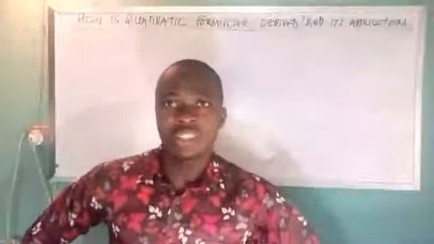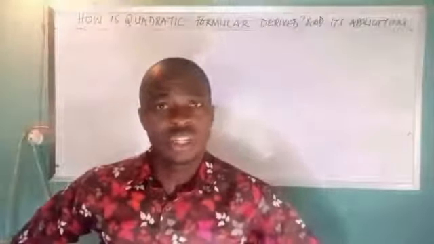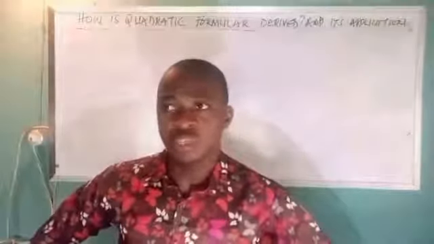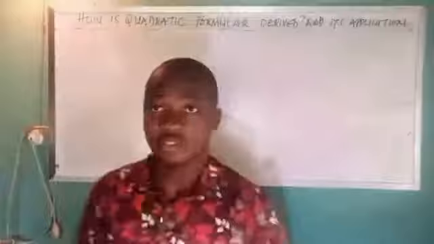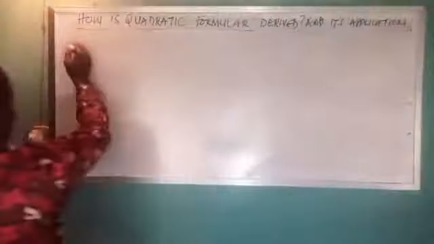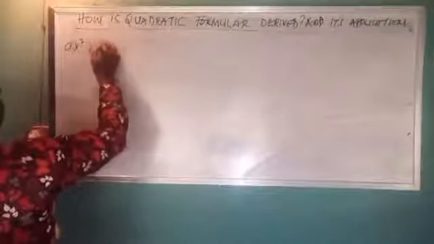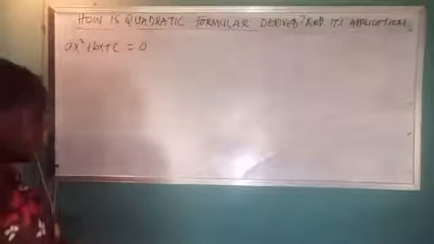By considering the completing the square method, we try to solve the general equation of quadratic. Let's say we have the equation of quadratic, that is ax squared plus bx plus c equals 0.